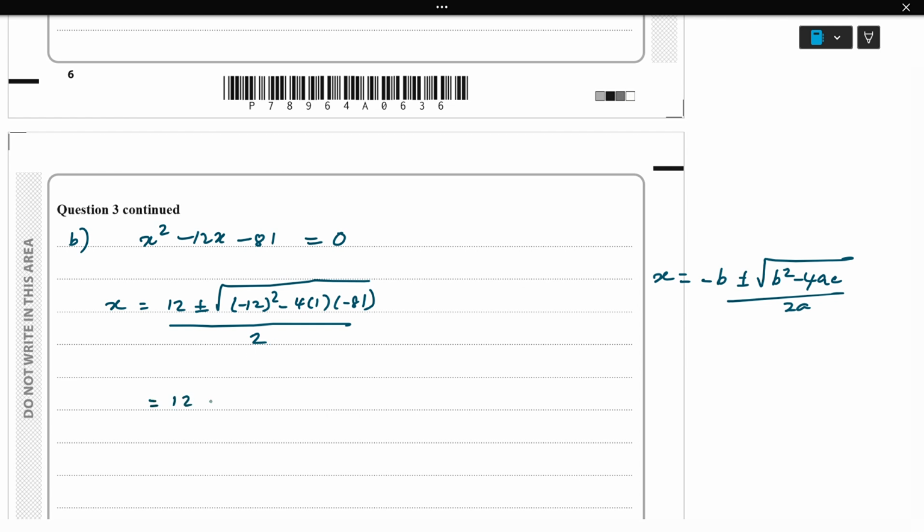Equals 12 plus or minus square root of 144 minus of minus plus, which is 324, over 2.